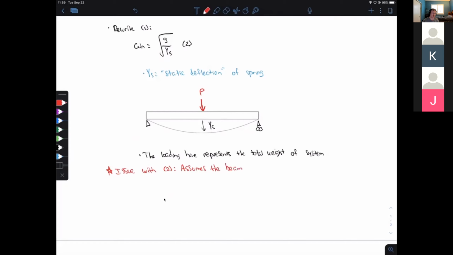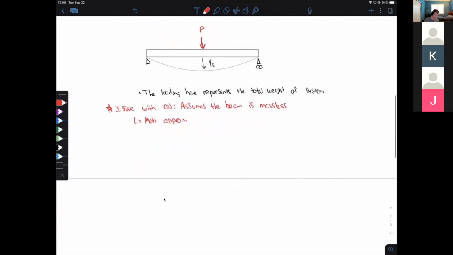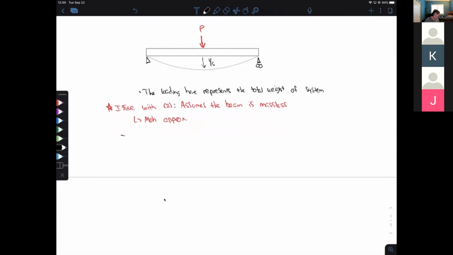Okay, so this assumes the beam is massless, so our approximation for that natural frequency is going to be pretty meh, not too good. So instead, we're going to use an equivalent system.